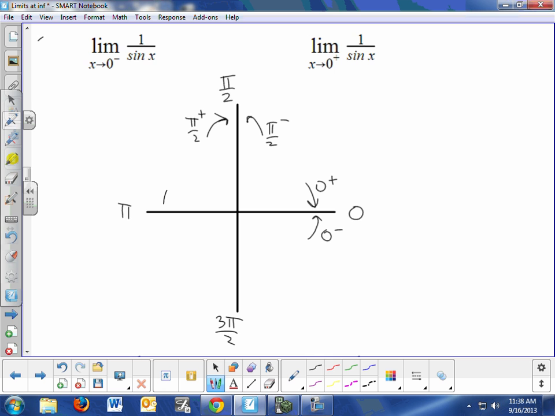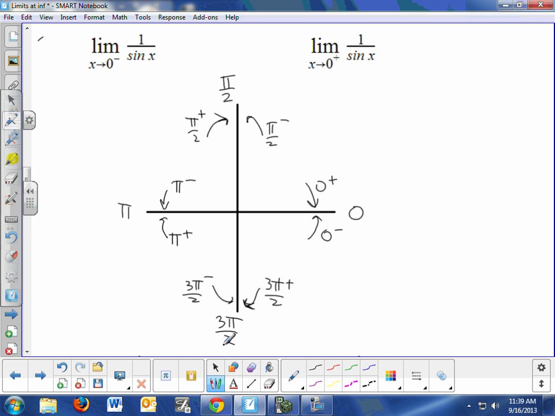This is a number a little bit less than pi. This is a number a little bit bigger than pi. A little bit less than 3 pi over 2. A little bit bigger than 3 pi over 2. Okay?